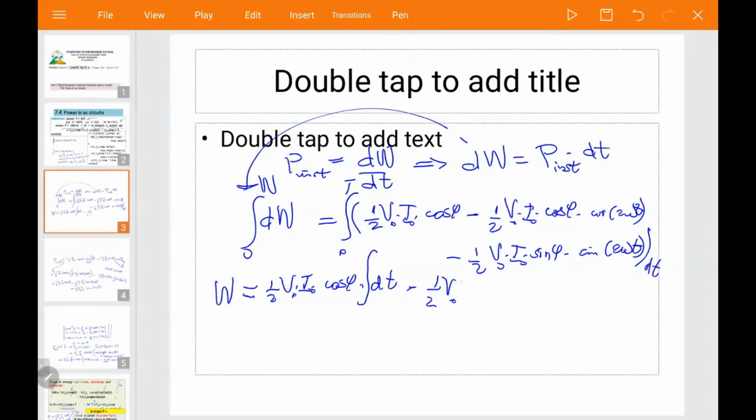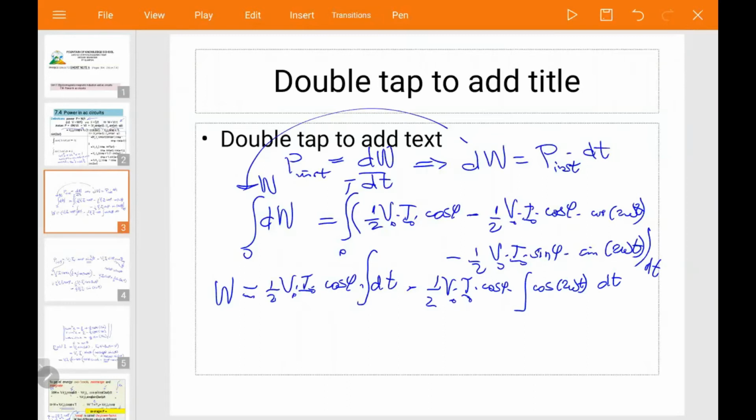I want your full attention, ladies and gentlemen. Half cos phi, the integration sign, cos of 2 omega t times this dt.